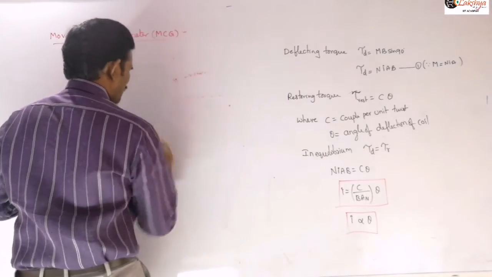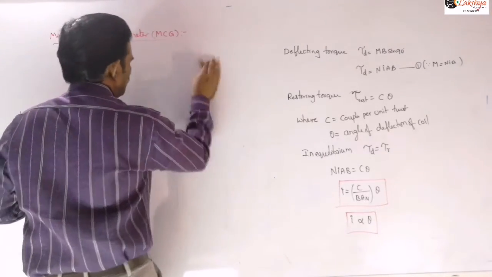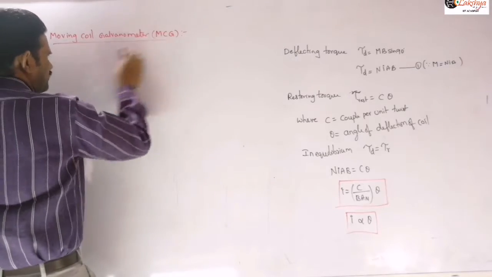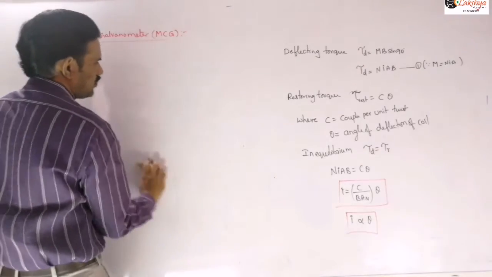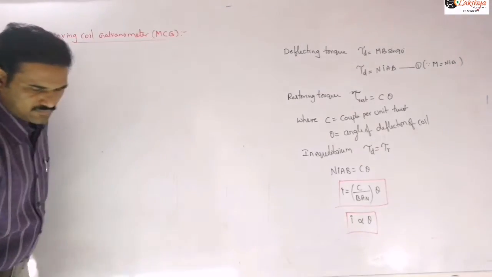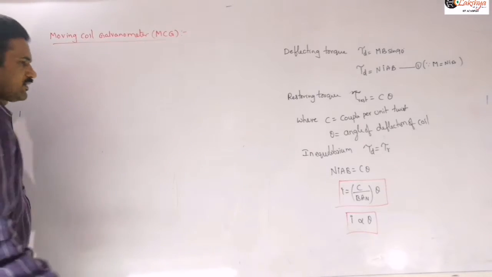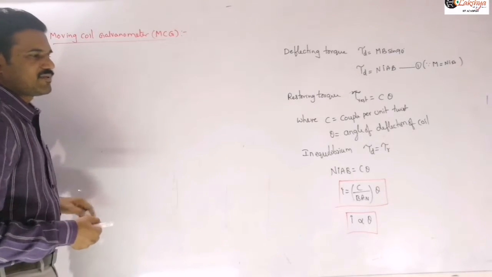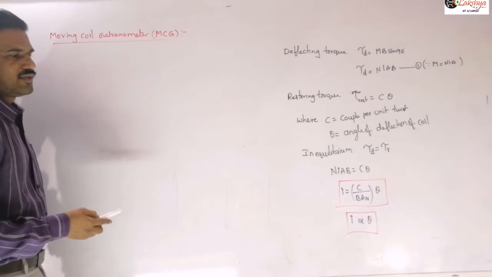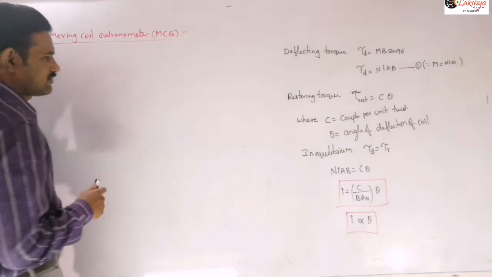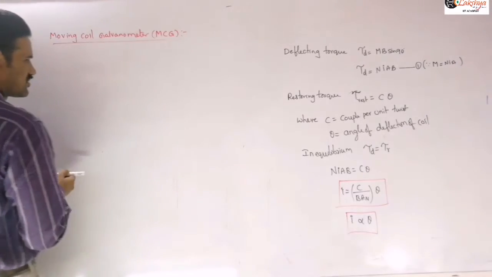And next we will define some quantities, like current sensitivity and voltage sensitivity. Here that constant C by BAN is nothing but what we call the figure of merit. So first write some definitions related to that.